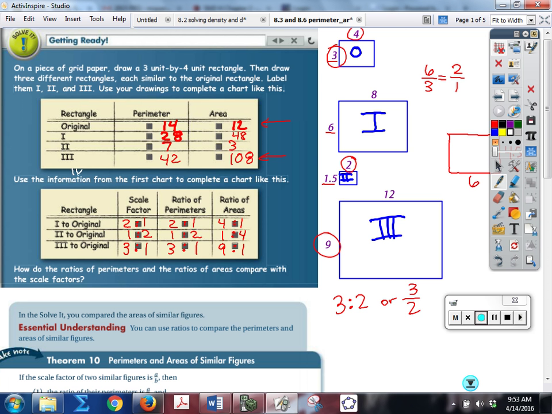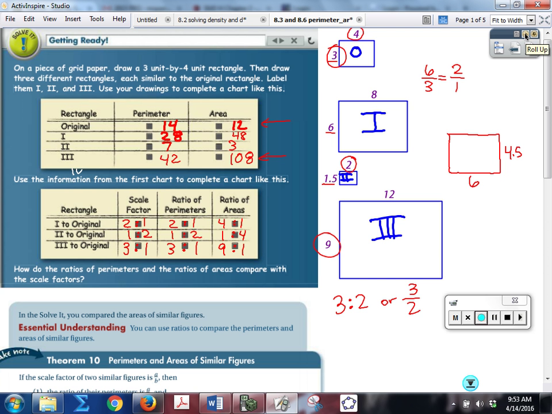What's the perimeter of the fourth one? 21. And what's the area? What's 6 times 4.5? 27. Okay, and then what about if I do number 4 to the original?